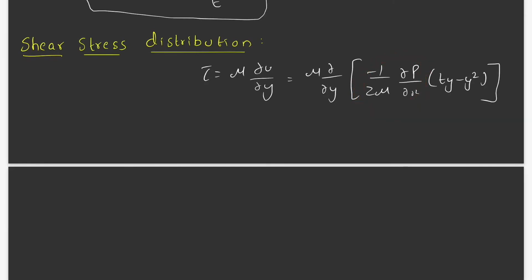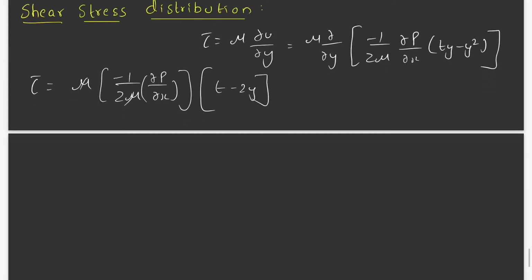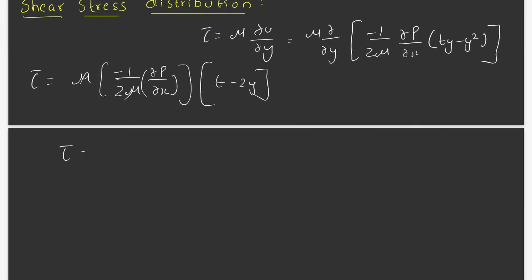So tau equals mu into minus 1 by 2 mu dou p by dou x into dou by dou y of (ty minus y square). What is t minus 2y? This mu goes. We have tau equals minus 1 by 2 dou p by dou x into (t minus 2y).